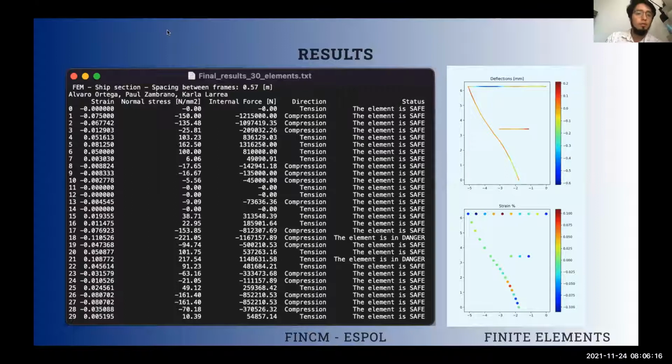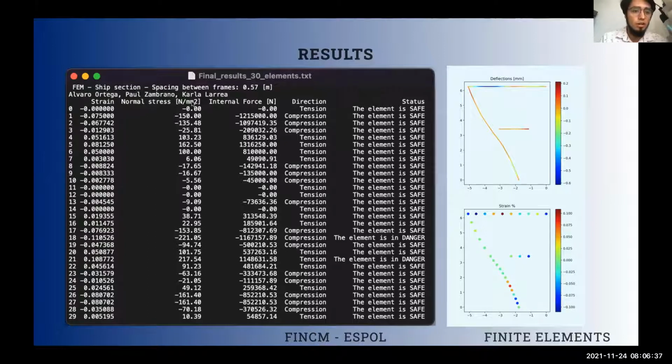calculates all the global matrix and it prints the results. We decided to print the actual results in a TXT file because of its simplicity, depending on the number of joints or elements, to visualize the information.